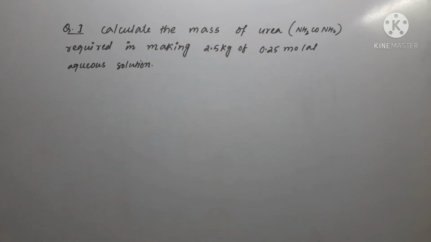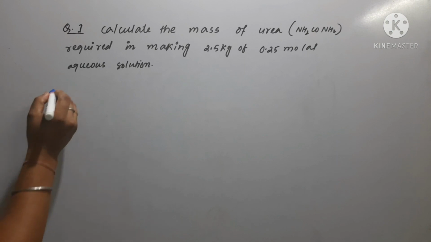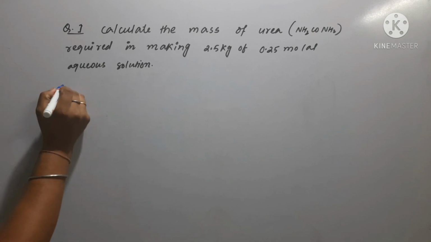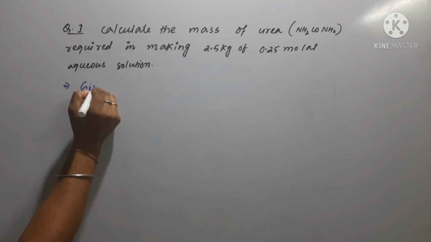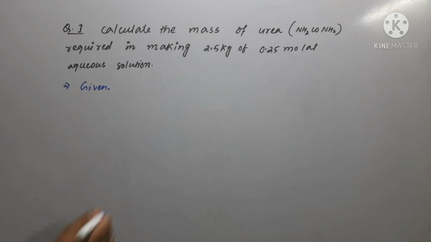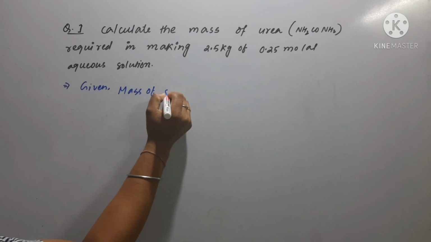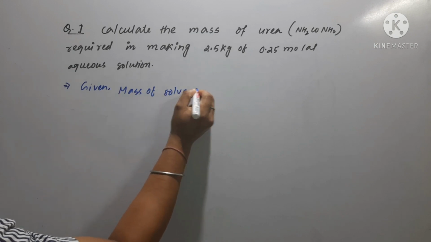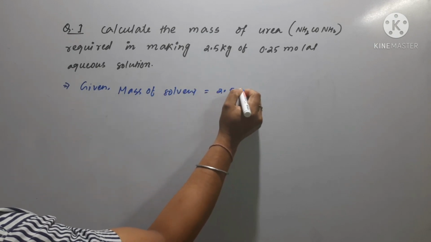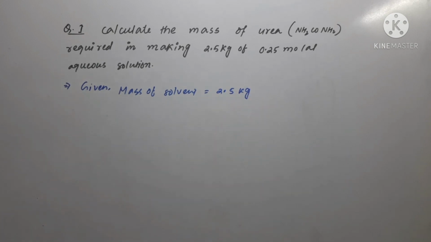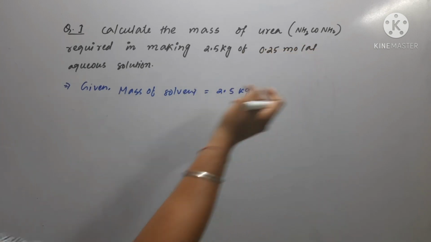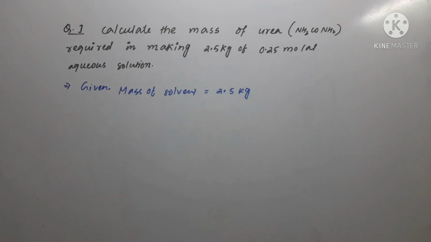So how will we proceed here now? We will say that given mass of solvent is equal to 2.5 kg. Then it is said 0.25 molal aqueous solution. So molal, where does it come from?